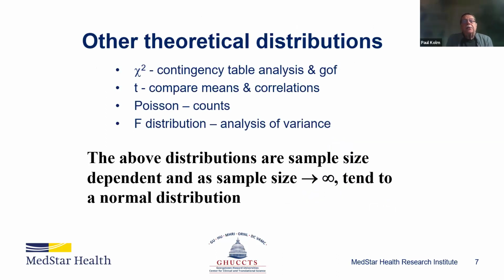Other theoretical distributions that are really common, and you're probably familiar with, are the chi-square, the t-distribution, the Poisson distribution, which we use for count data, and the f-distribution that's used in analysis of variance. The thing about these theoretical distributions, though, is they're all sample size dependent. As sample size gets really large, goes to infinity, these distributions tend to be a normal distribution.